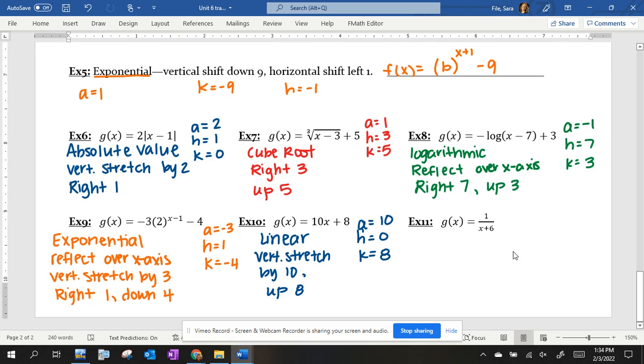All right, last but not least, what type of function? Rational. Good. X is in the denominator. What's A? 1. What's H? What 6? It's going to be negative. The H itself is negative 6 because remember it's X minus H. So for it to be a plus sign there means it must be a negative 6, which you're right, does mean left 6.